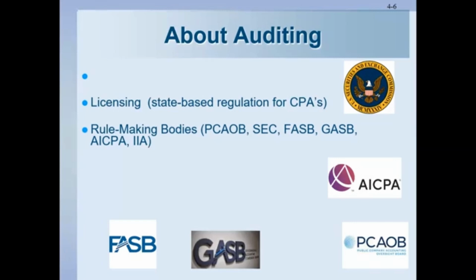The board is funded primarily by fees from public companies. The cost of processing and reviewing public accounting firm registration applications is recovered from registration fees paid by those firms.